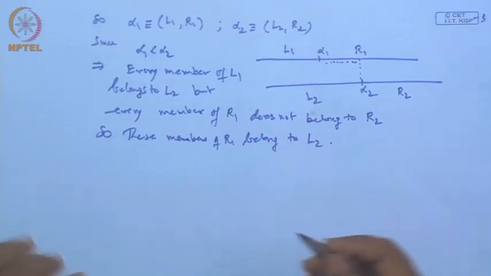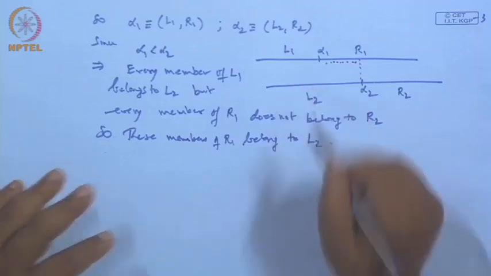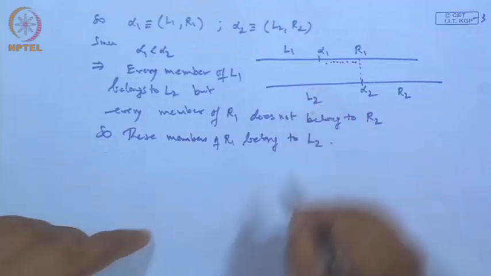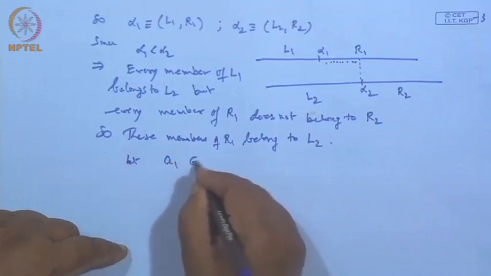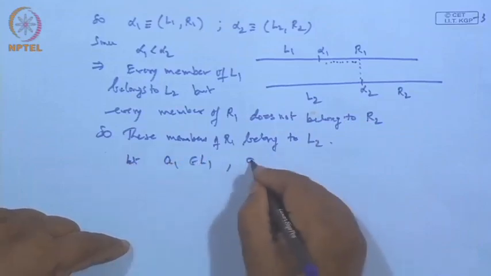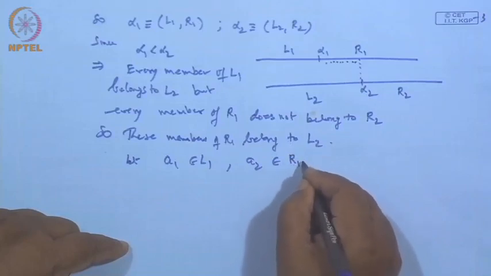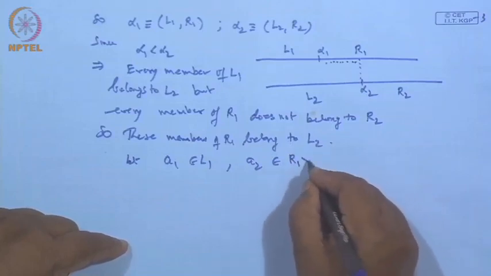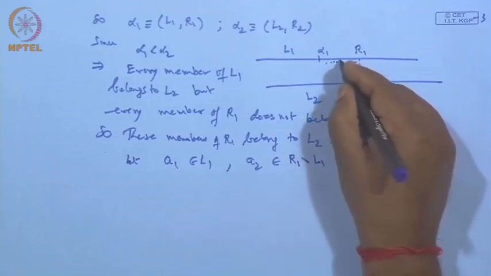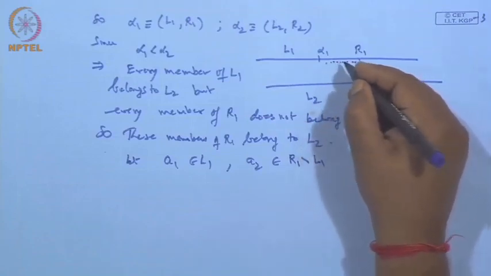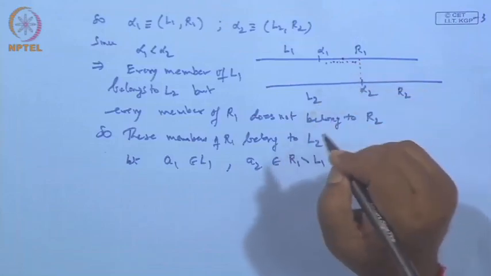So, now if we pick up any two elements from L 1 and L 2, okay. So, let A 1 belong to L 1 and A 2 be in R 1, but not in L 1. It means I am taking a point somewhere here, is it not?